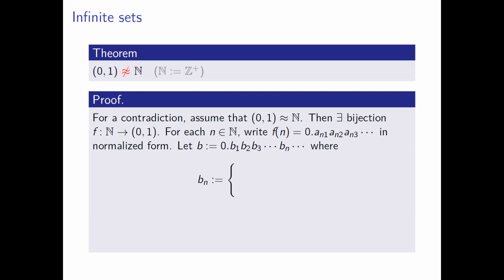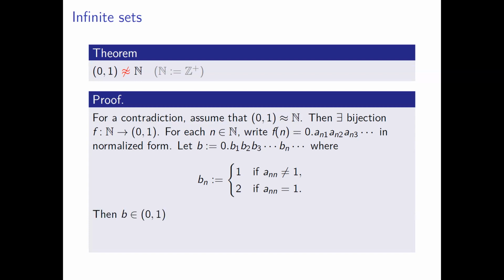Define the number b as follows. b has decimal form 0.b1, b2, b3, and so on, where for each natural number n, the digit b subscript n in the nth decimal place is 1 if the digit a sub nn, that is, the digit in the nth decimal place in the image f of n, is not equal to 1, and 2 if the digit a sub nn is equal to 1.